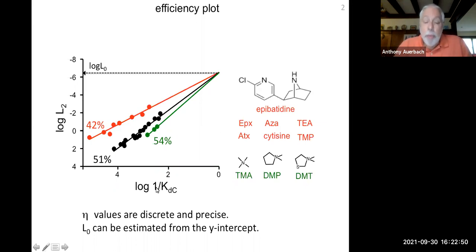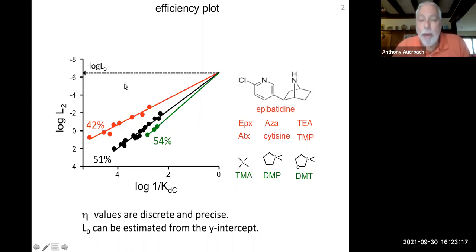Now, there's 2 points to make. I'll make the second point first. These 3 lines were fitted independently to a straight line, and they all gave the same L0. So we did not assume L0. And the L0 that we get is the same L0 as we got by doing the horrendous set of experiments that we did for 10 years in the early part of the 2010s.